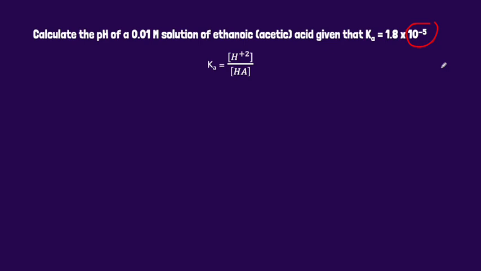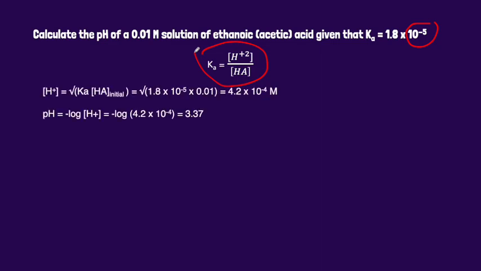So first is just to take your equation over here. You don't have your H concentration, but you do have your Ka, and you do have your HA, which is 0.01. So this is a simple calculation.